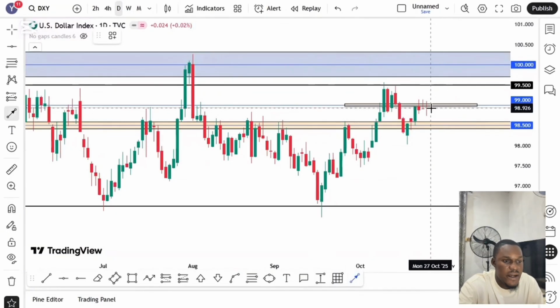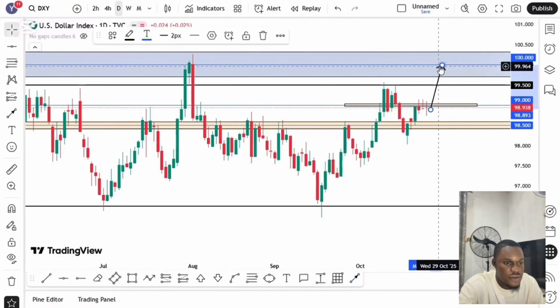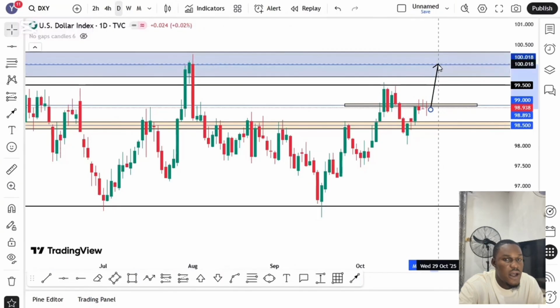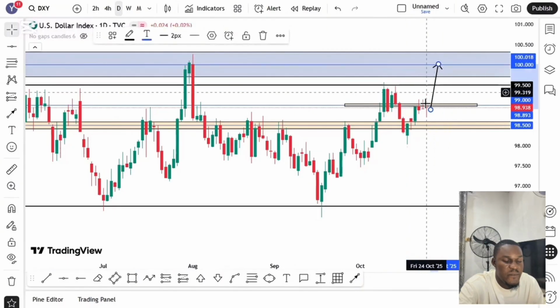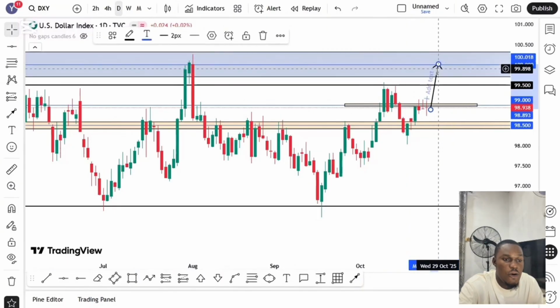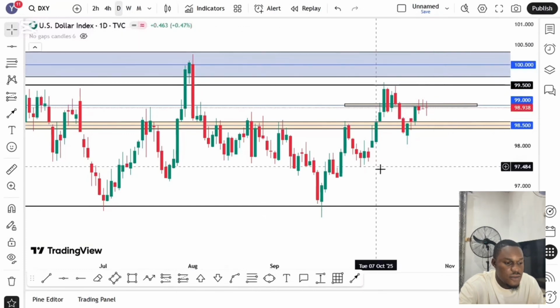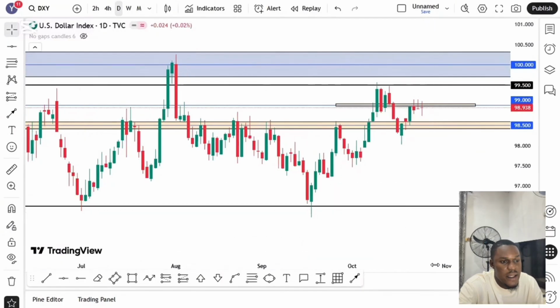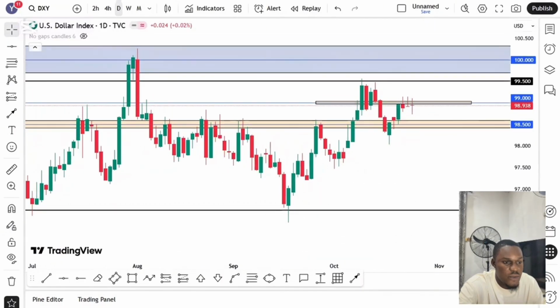I expect the market to break above, to give us a higher high around this region. So I am expecting the market to give a higher high around this $100 major level. So that is my prediction on the DXY.